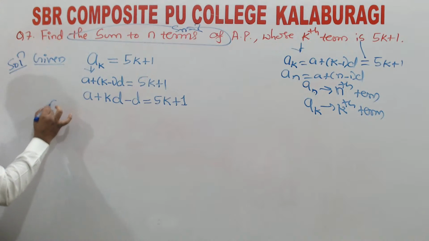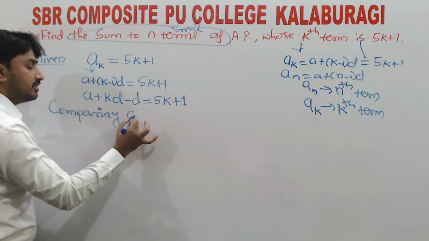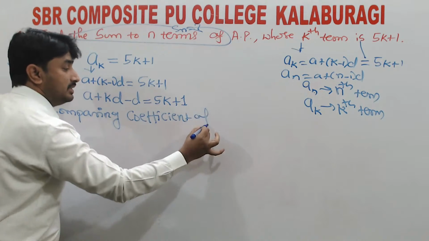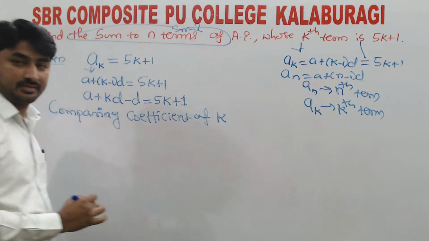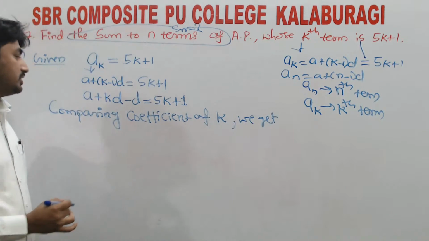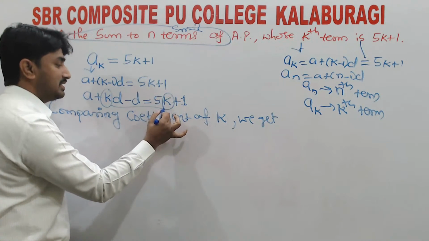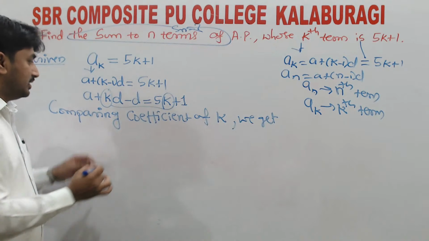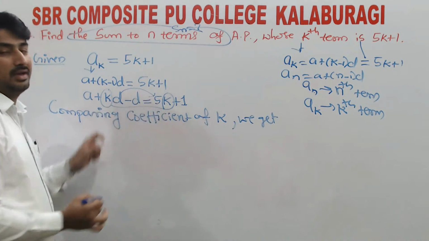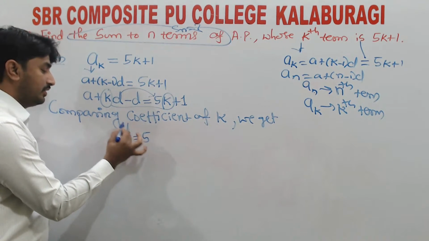Therefore, I am comparing the coefficient of k on the left side and the right side. What remains on the left is d, and on the right 5. It shows that d is equal to 5.